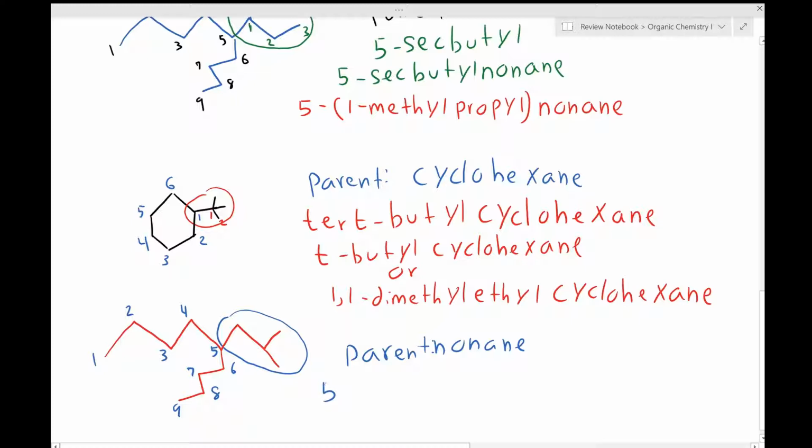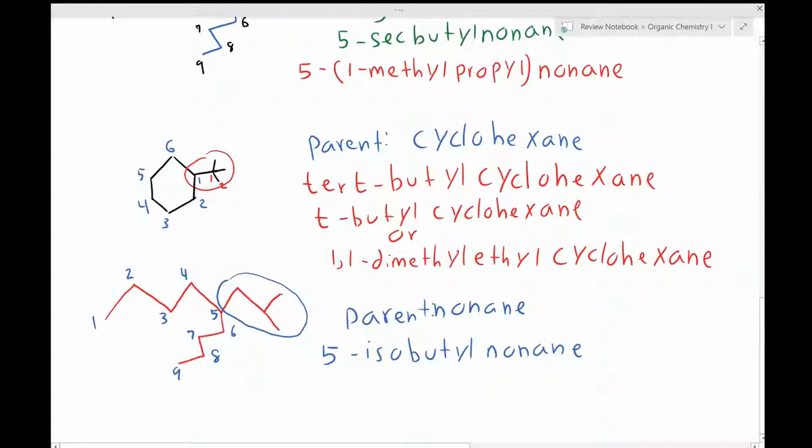Say it's on our 5 carbon. You can see that it has 1, 2, 3, 4 carbons. So it is an isobutyl group, and 5-isobutyl nonane is its full name.